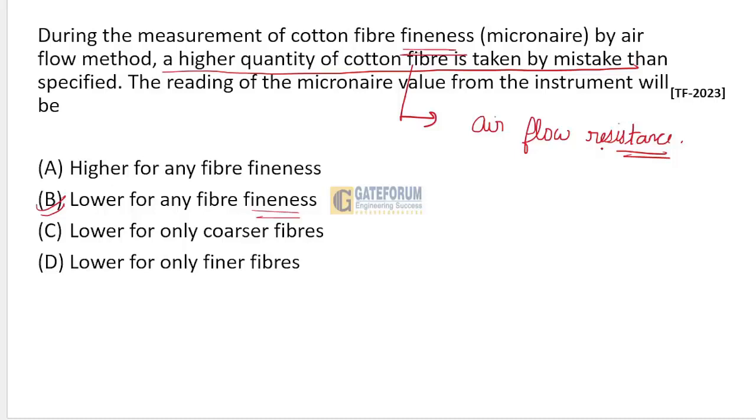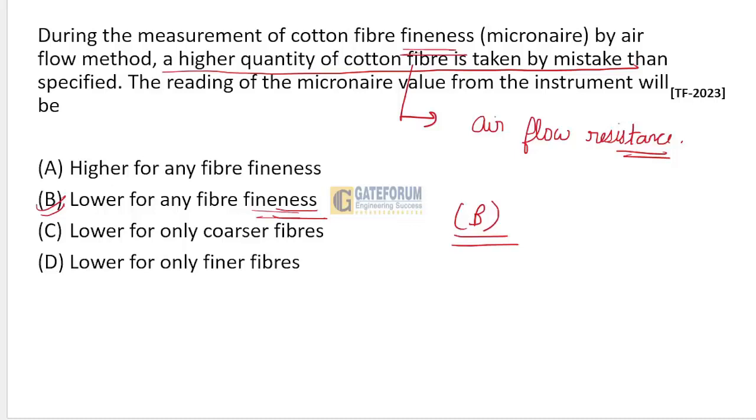Then the reading of the micronaire would be lower regardless of the fiber fineness, irrespective of whether it is higher or lower. So the value of the micronaire would be lower for any fiber fineness. So option B is the correct answer.